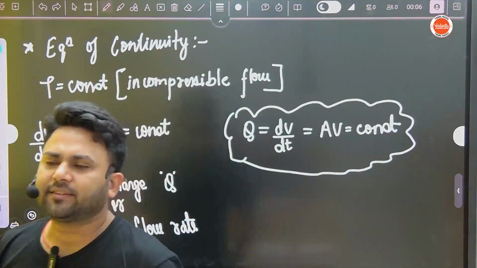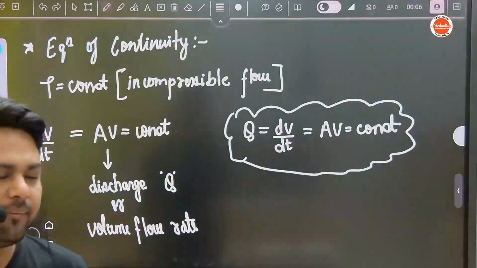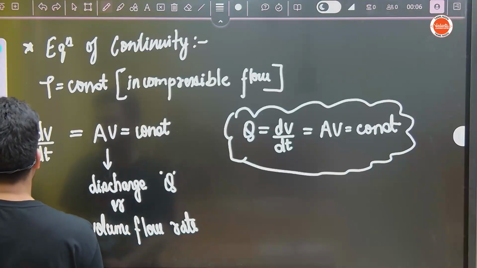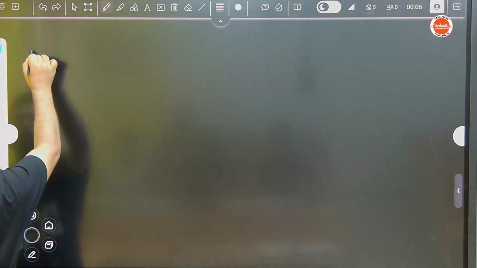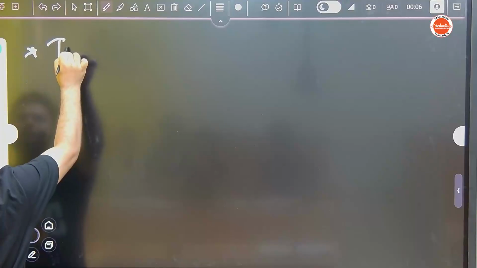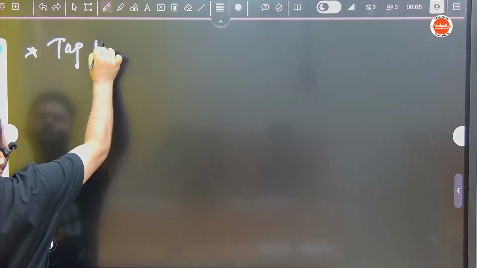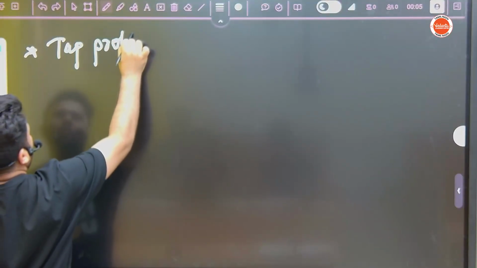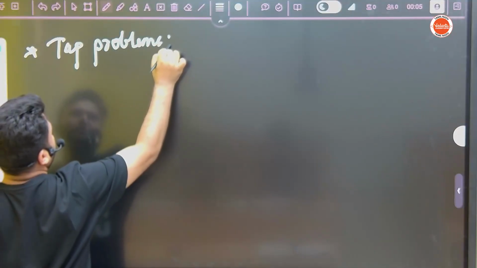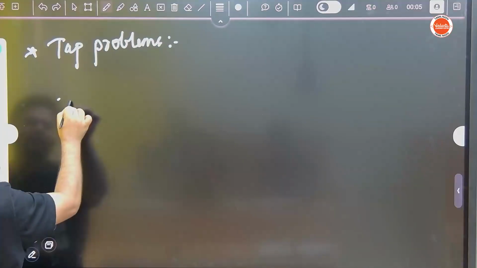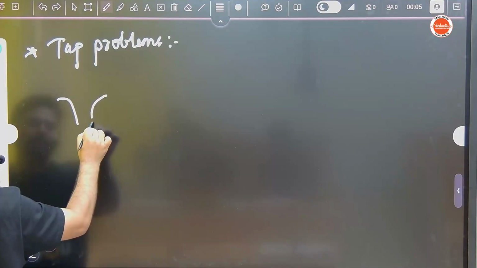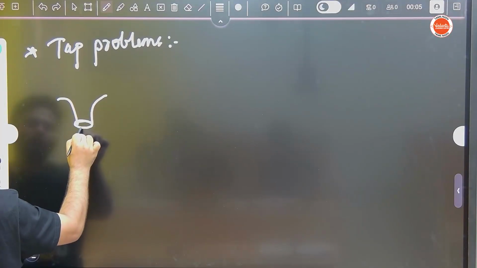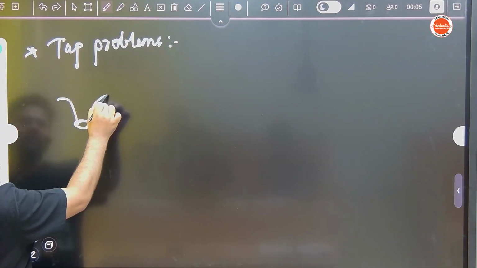Why am I explaining this? Because tap problems come in the NEET exam. Now how to solve tap problems? They will be giving a tap.